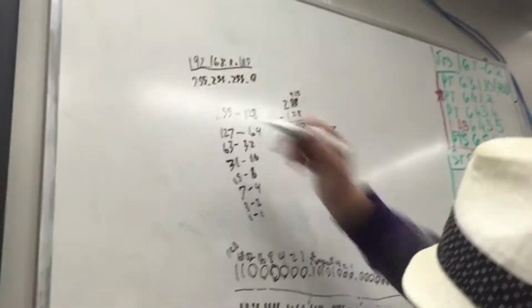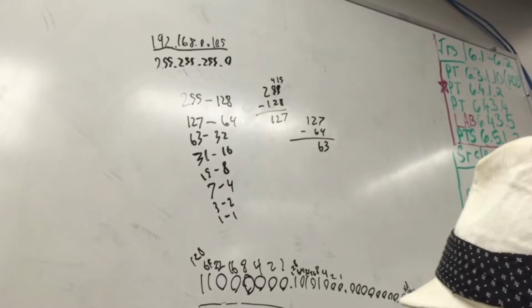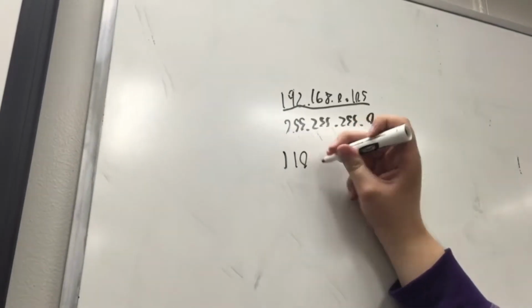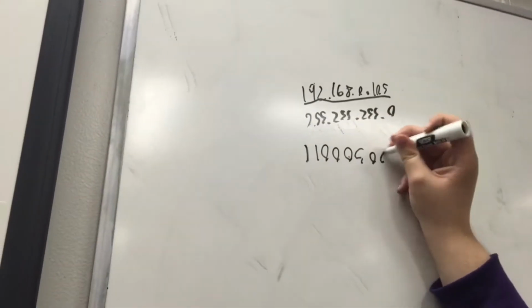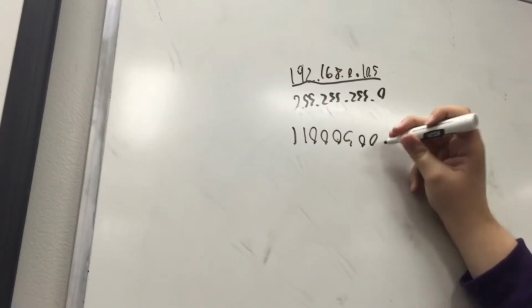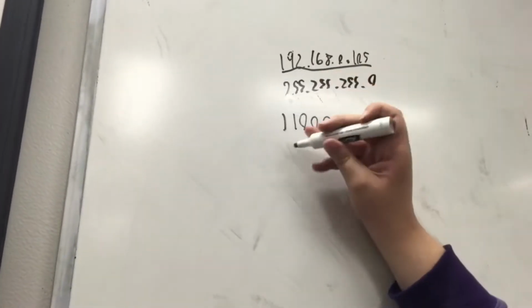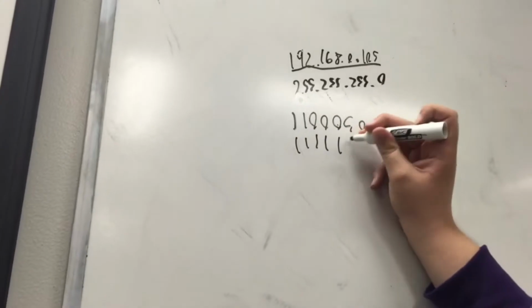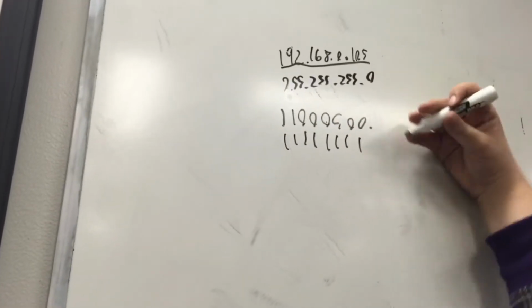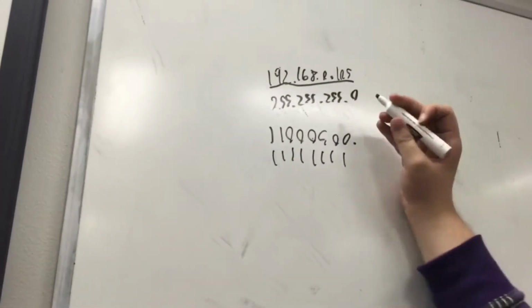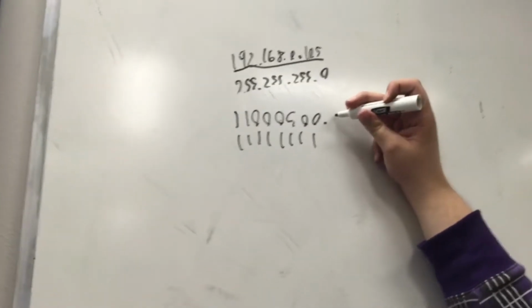So, let's write them on top of each other. 1, 1, 0, 0, 0, 0, 0, 0 for 192. 255: 1, 1, 1, 1, 1, 1, 1, 1. Dot 168.